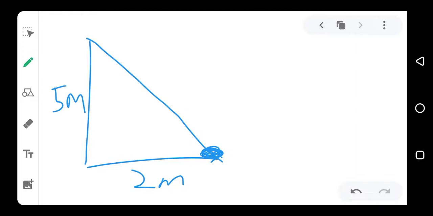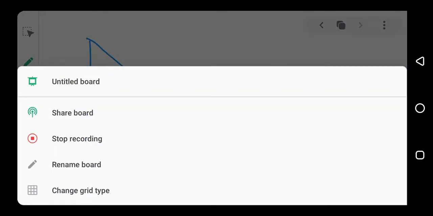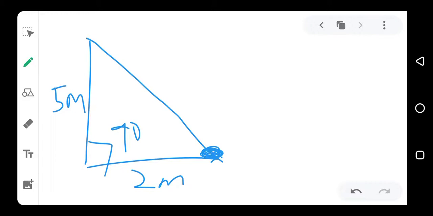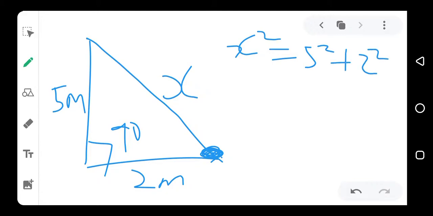The shadow is lying on the floor and the pole is touching the floor. So two of them are going to make a perpendicular sign. So we have this place as 90 degrees. So if this place is 90 degrees, then we can call this place x, and that means that x squared is equal to 5 squared plus 2 squared.